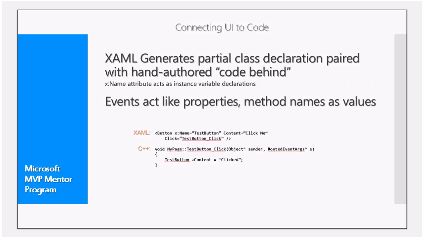So how do you connect the UI to code? Well, XAML generates partial class declarations, which are paired with hand-authored code behind. And similarly to what developers do with ASP.NET, you have, for instance, your event handler here, Click, Button_Click. You do it in the same fashion.